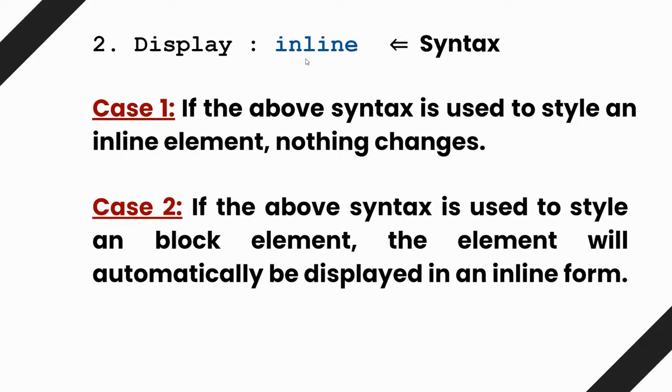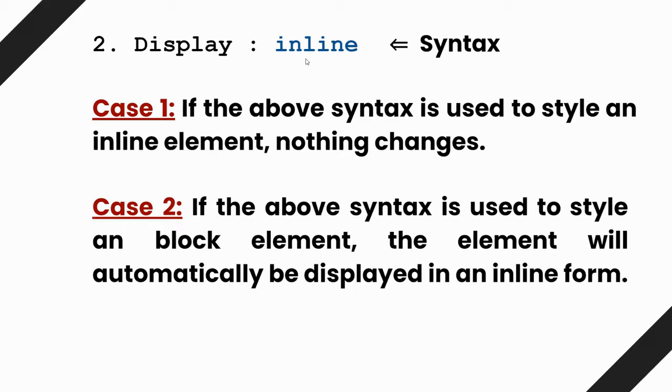So for the second scenario of the display property, we can see that the display is assigned the value of inline. So it also works like the first one we saw. The only difference is that in case 1, if the above syntax is used to style an inline element, nothing changes.